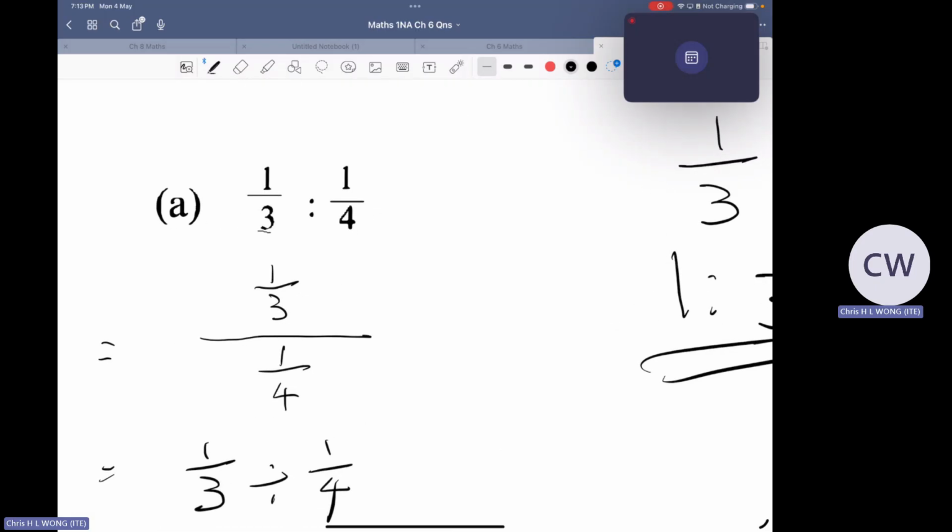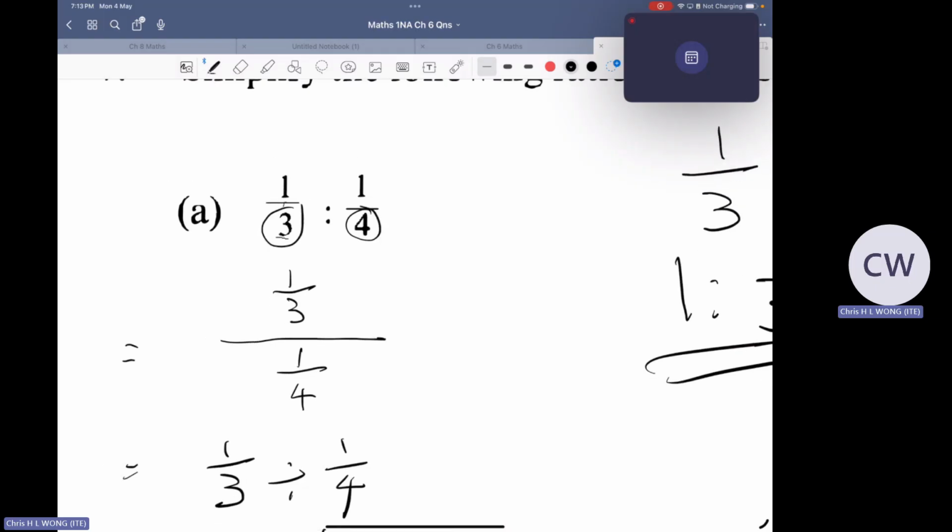But then there is another way of doing it. Let's say, for example, I'll show you, you decide how you want to do it, okay? If I have this, what you can actually do is find the LCM of this number and this number. I have 3 to 4, right?